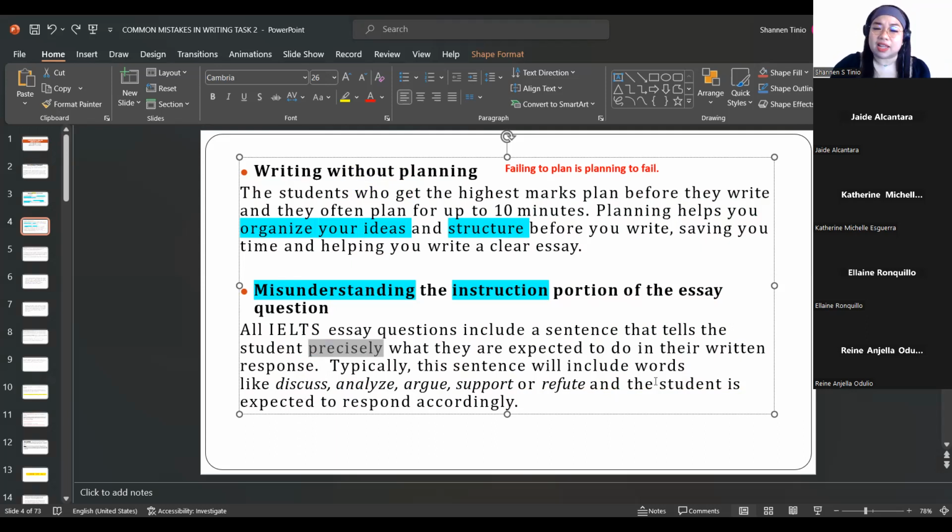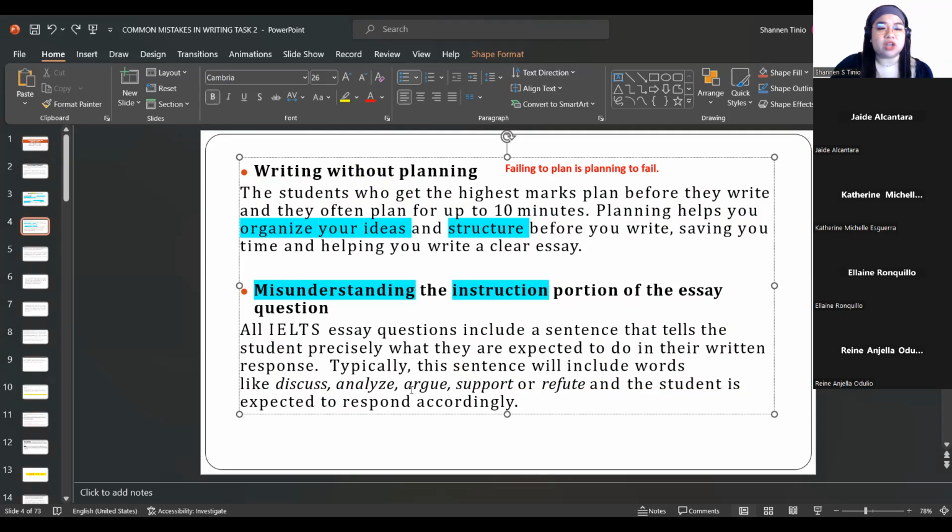So definitely, you will most probably fail this part because of misunderstanding the instruction. That's why understanding the question is 100% the key in delivering the correct answer. All right.